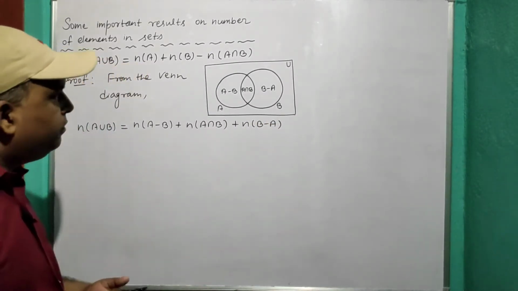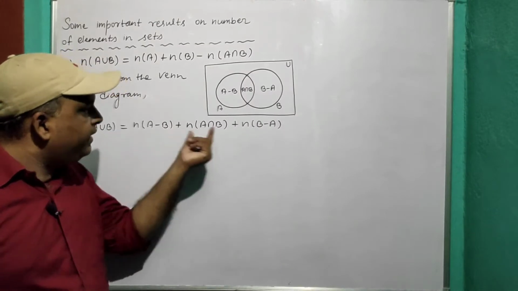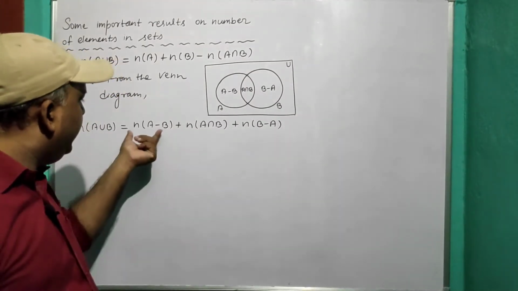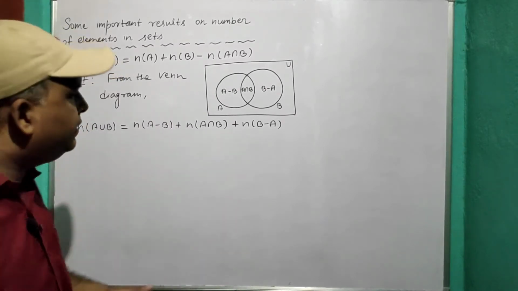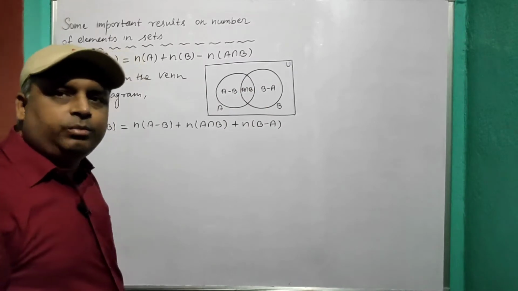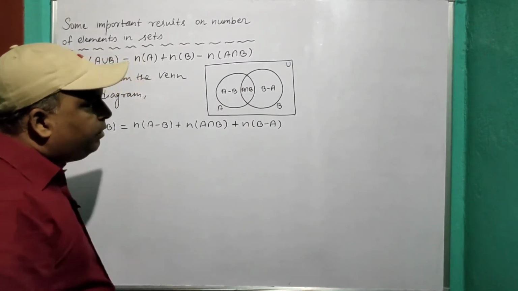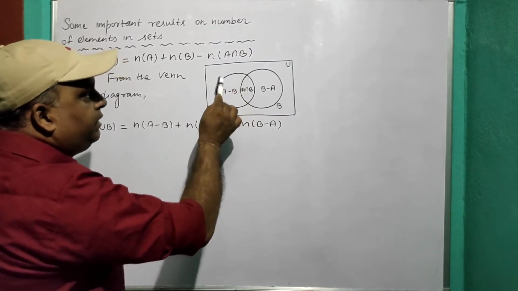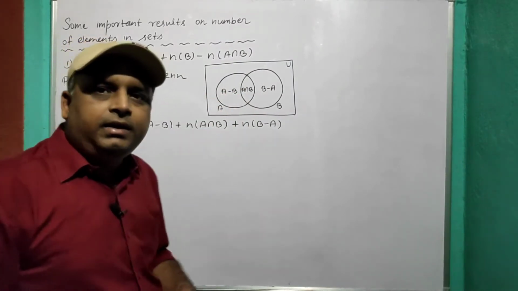Now you can observe that if you add this A minus B and A intersection B, observe what you get when you add them. This is your A minus B and this is your A intersection B. So you can see from this Venn diagram that if these two are added together, you get this complete circle, isn't it?